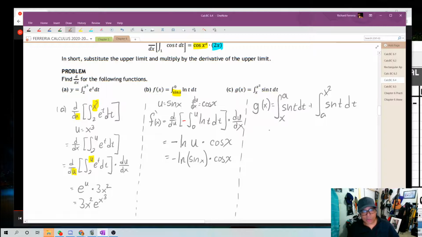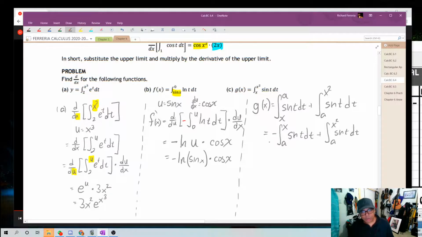So I'm going to try and do this as quickly as I can. The first step, of course, is to switch the upper and lower limit on the first integral, sine t dt, plus the integral from a to x squared of sine t dt.